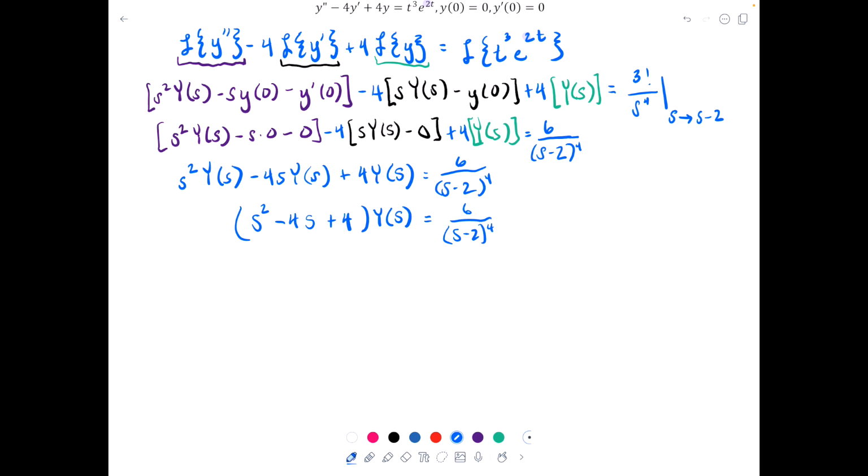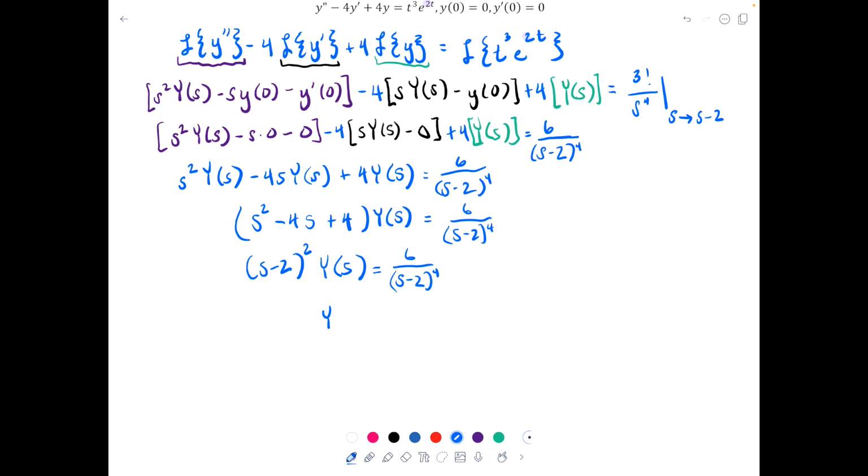And then do you all see that this right here on the left-hand side is s minus 2, that quantity squared, times y at s, is equal to 6 over s minus 2, that quantity to the fourth.